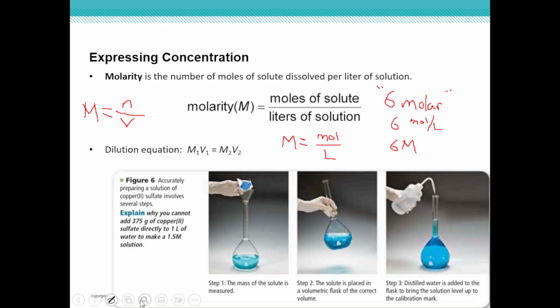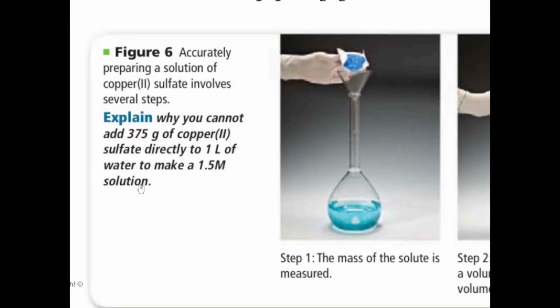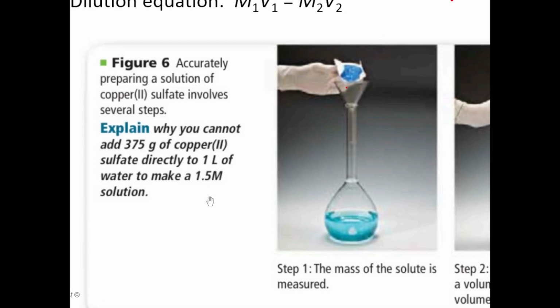So, it says, accurately preparing a solution of copper 2 sulfate involves several steps. Explain why you cannot add 375 grams of copper 2 sulfate directly to 1 liter of water to make a 1.5 molar solution. So if I were to calculate, let's say I want to make a 1 liter solution of 1.5 molar copper 2 sulfate.